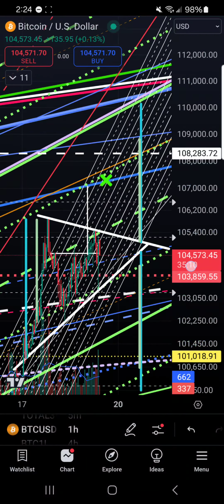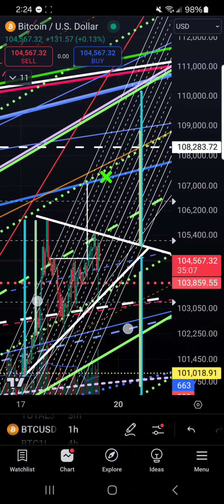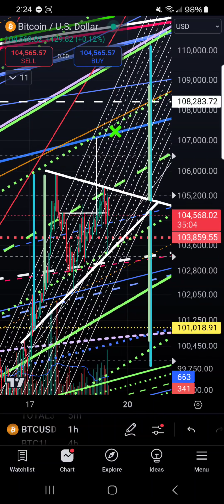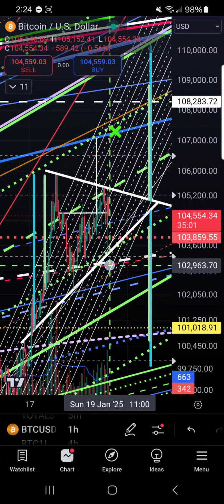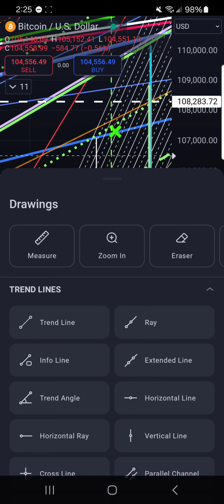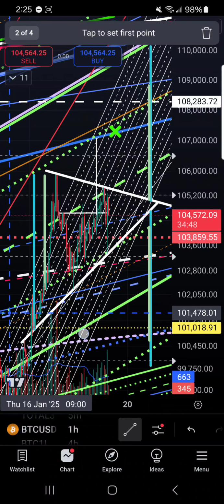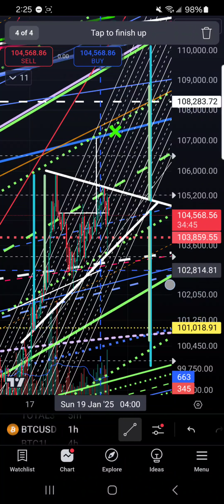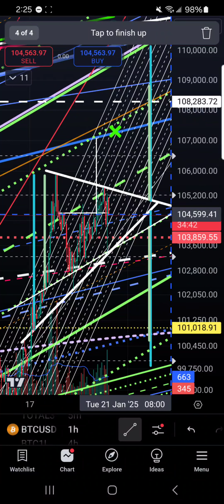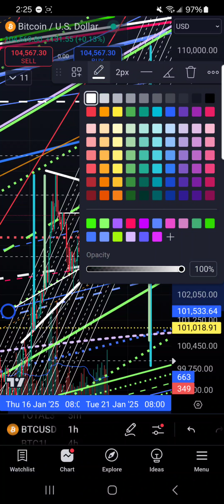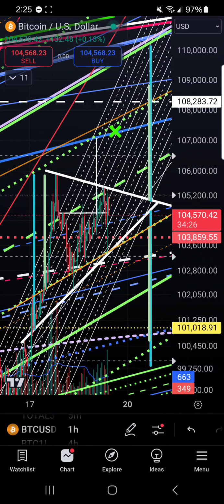Defined by these thick white lines here. Now, I'm debating whether the base of the triangle is this thick white line here or the green dotted line, which is already an established trend line that we have as part of our green parallel channel that we've discussed many times.